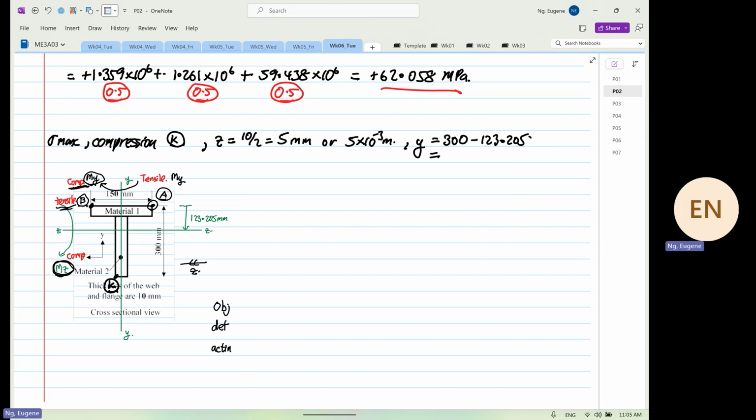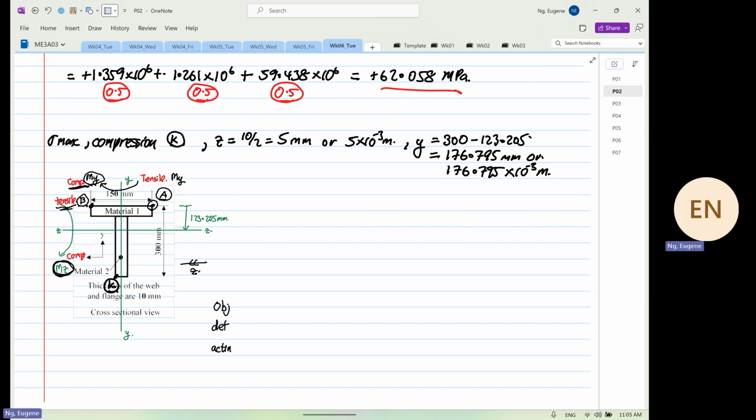Okay, so this is equal to 176.795 millimeters, or 176.795 times 10 to the power minus 3 meters.